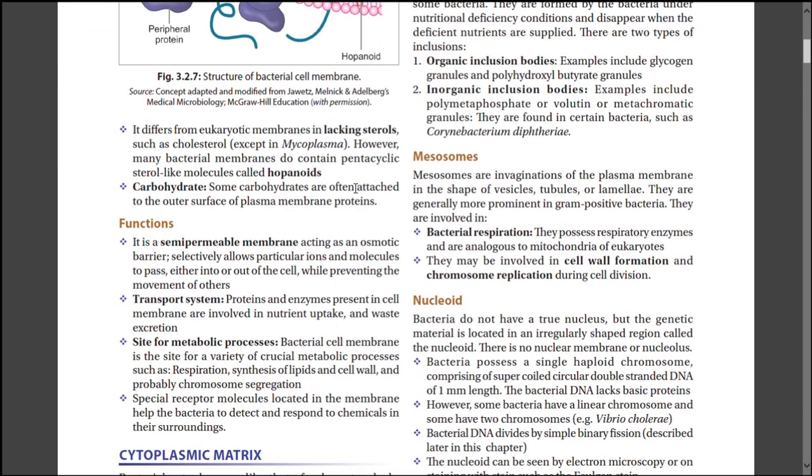Some carbohydrates are often attached to the outer surface of the plasma membrane. Next, function. It is a semi-permeable membrane acting as an osmotic barrier, selectively allowing particular ions and molecules to pass either into or out of the cell.